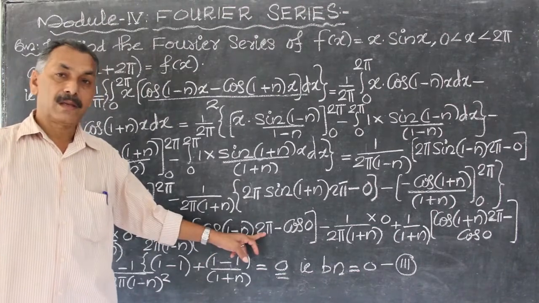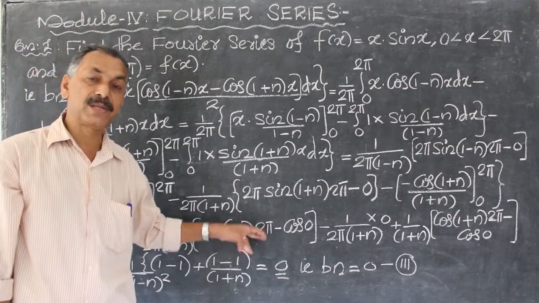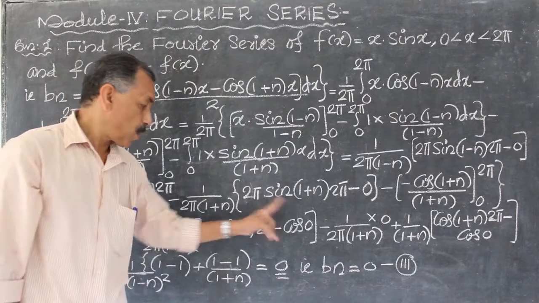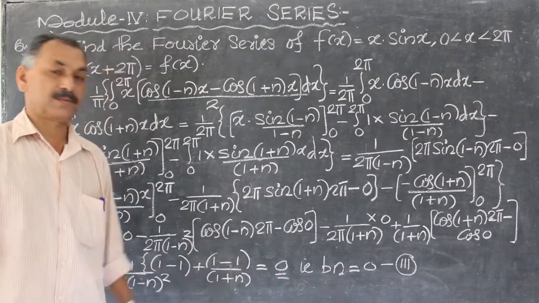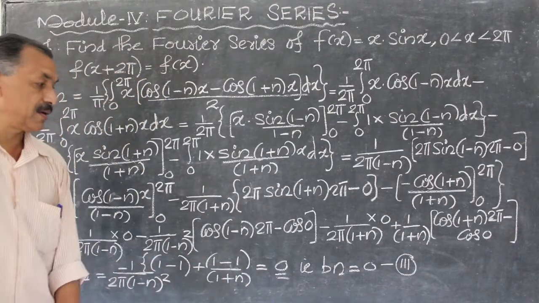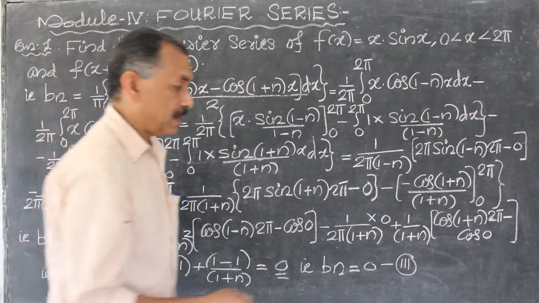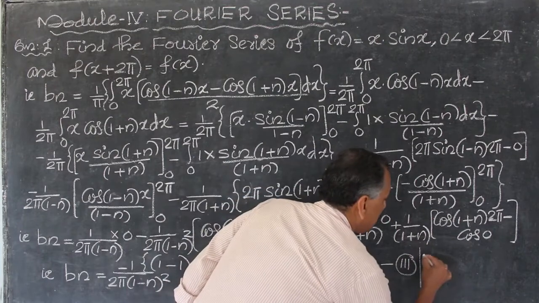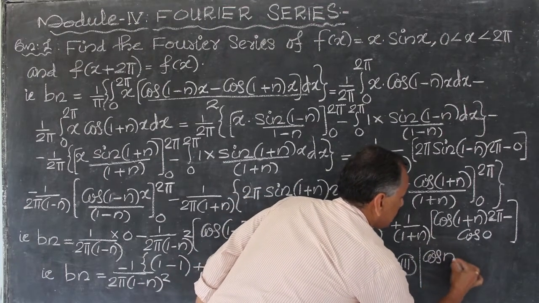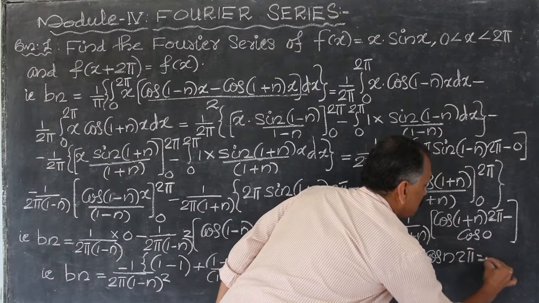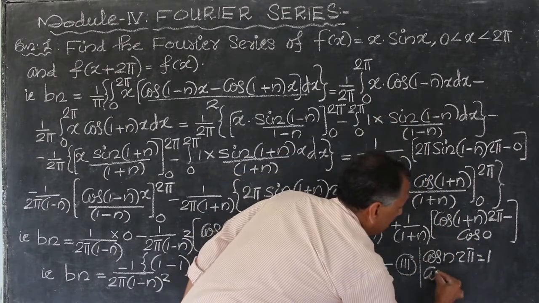Cos(1 minus n) into 2 pi means cos 2 pi is equal to 1. Cos 0 is 1. 1 minus 1 is 0. Then the value is 0. The reason is cos n into 2 pi is equal to 1, and cos 0 is value 1.